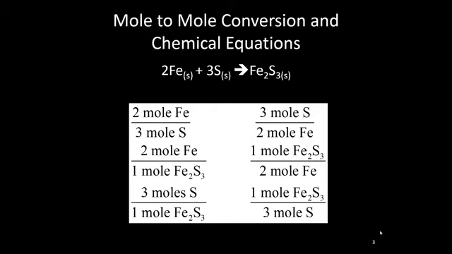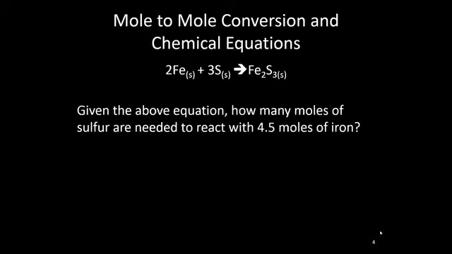These 6 conversion factors allow us to convert from moles of one substance to moles of another. For example, we can now answer the question, given the above balanced equation, how many moles of sulfur are needed to react with 4.5 moles of iron? We look at the ratio of moles of sulfur to moles of iron in the above equation, and we note that 3 moles of sulfur are required to react with 2 moles of iron.